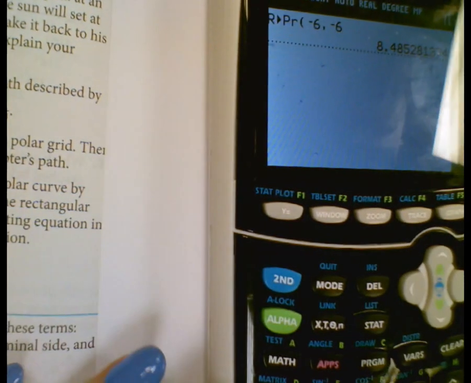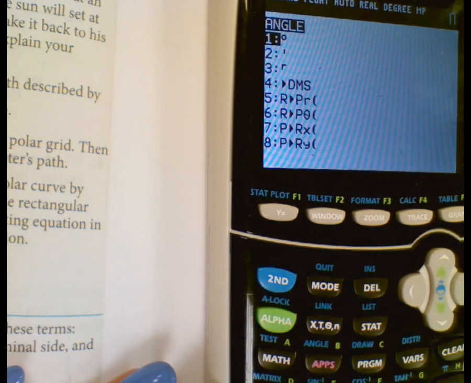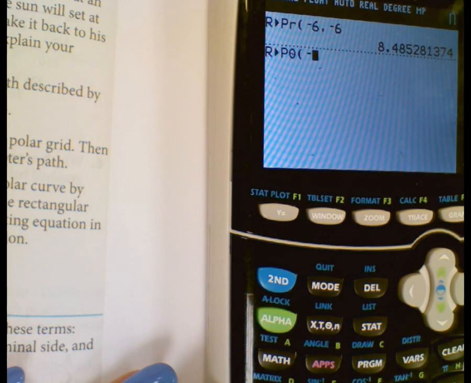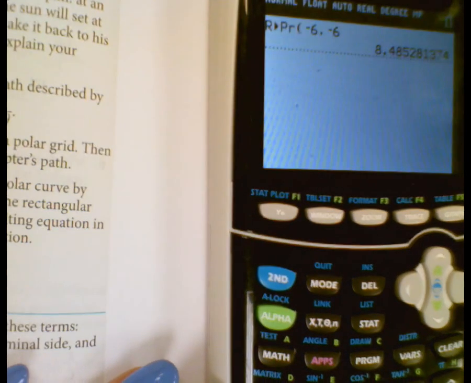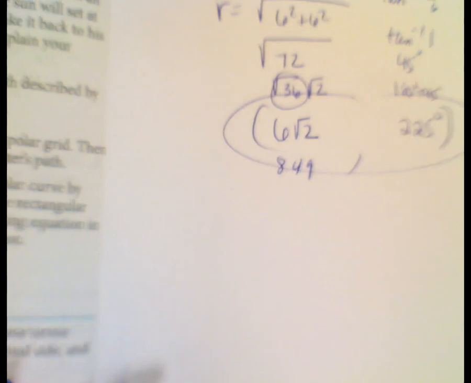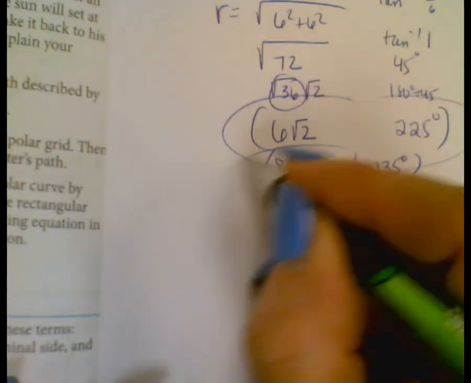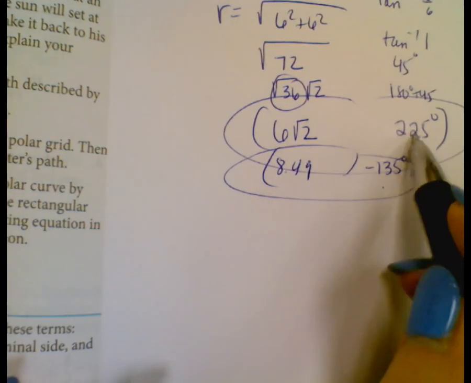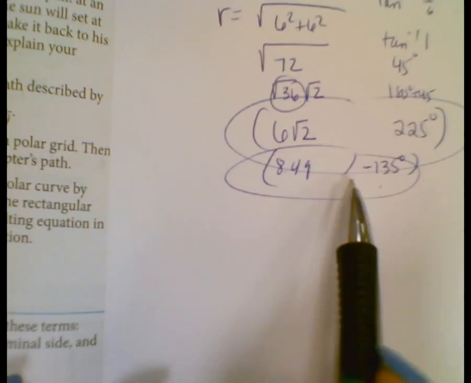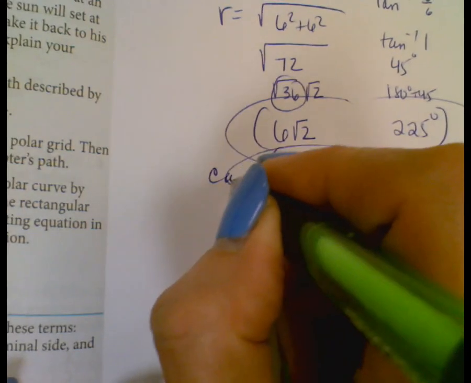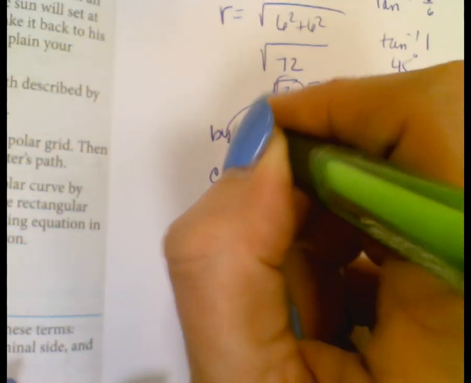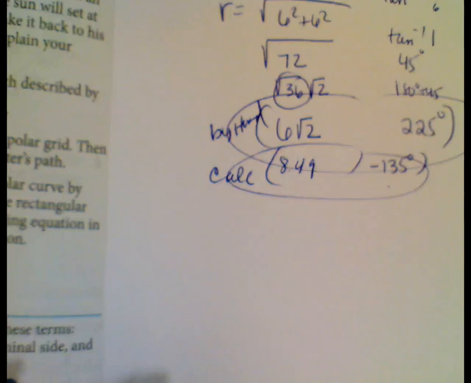And then if you do second angle 6, -6, comma, -6, you get -135. So this is just another way of writing the same thing. -135 and 225 are the same thing. This is on the calculator, this is by hand. Both correct.